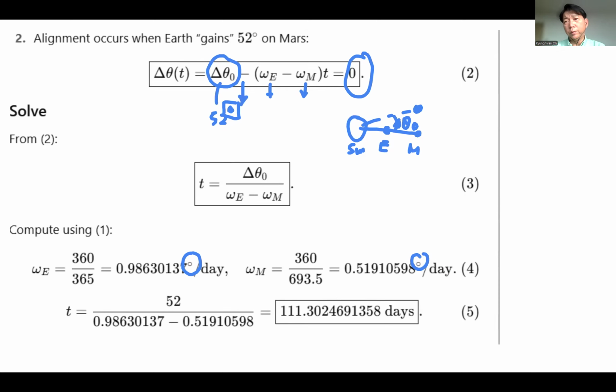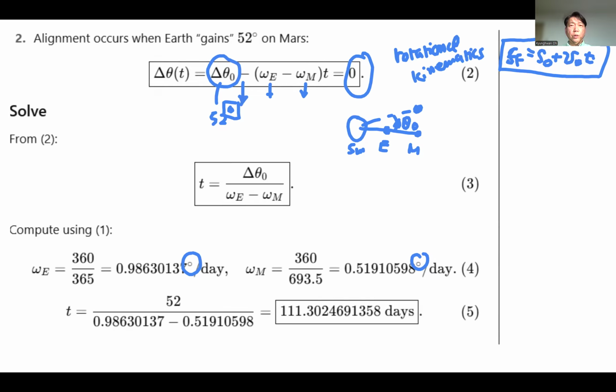So it's a combination of rotational kinematics. This is nothing but rotational kinematics. It simply is s_f minus s_i is equal to vt, something like this.